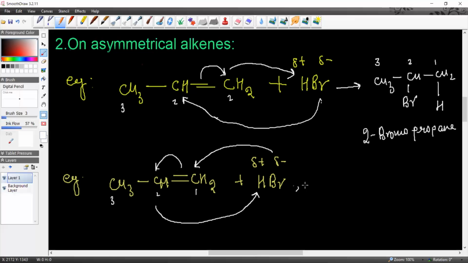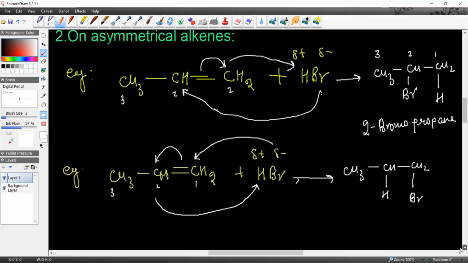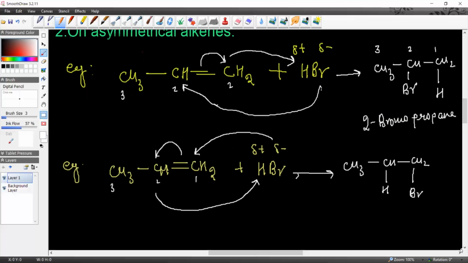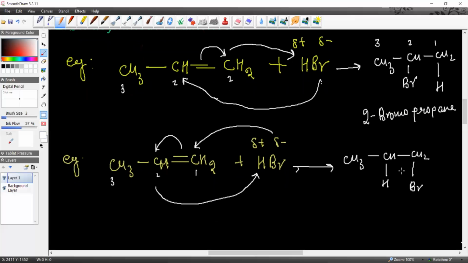And in this situation, finally we get what? CH3 single bond CH, single bond CH2 and single bond Br, and we have H, isn't it? Now we have to write the IUPAC name of this compound.